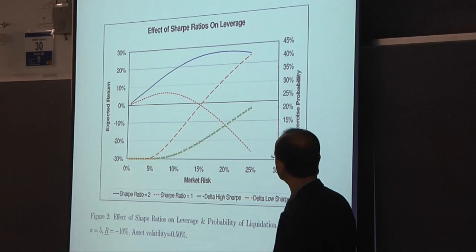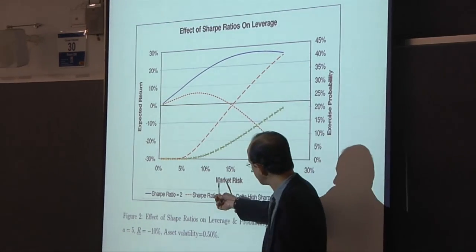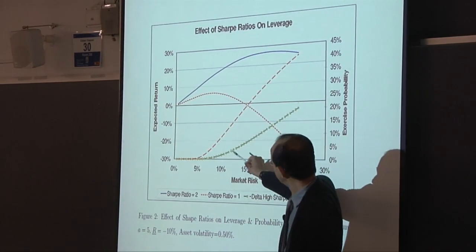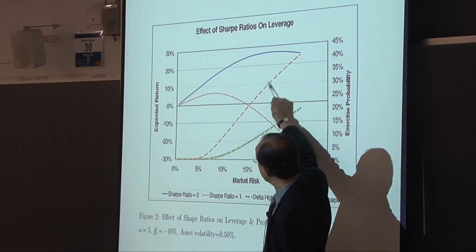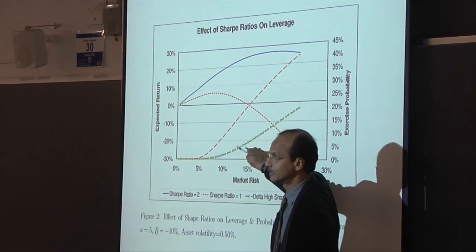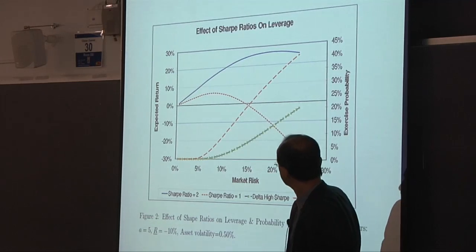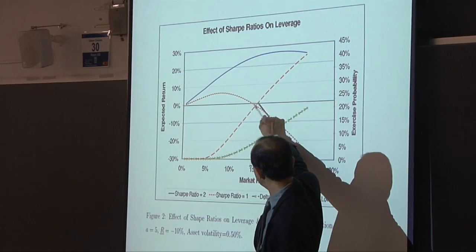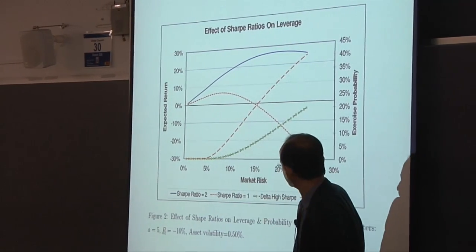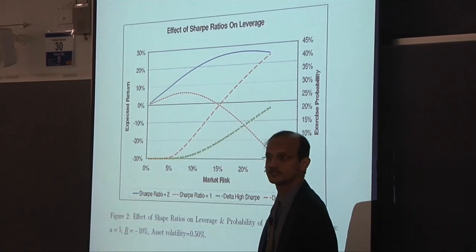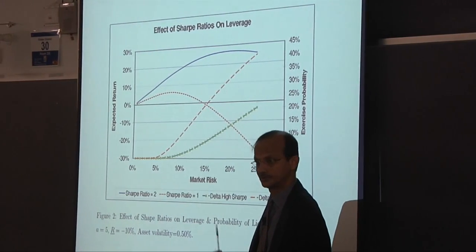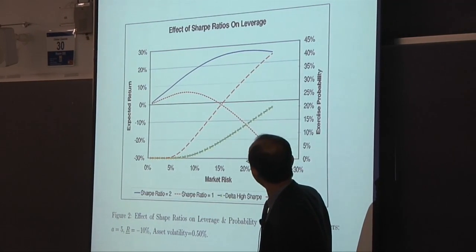Okay? So as you try to take higher and higher leverage, you could see that this funding option and the redemption option go deeper in the money. The red line refers to a fund manager with a Sharpe ratio of 1, and the blue refers to a fund manager with a Sharpe ratio of 2. What does this graph attempt to convey?